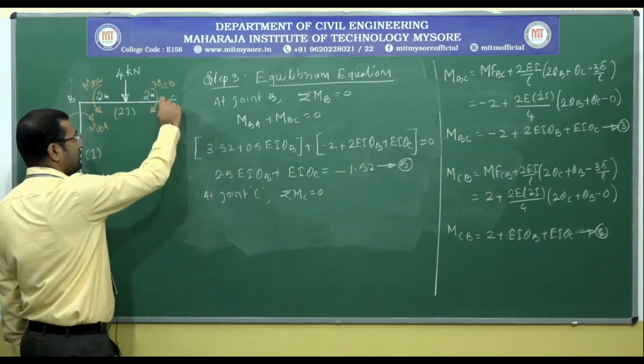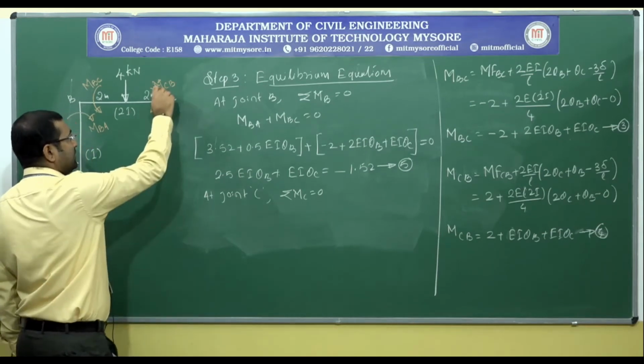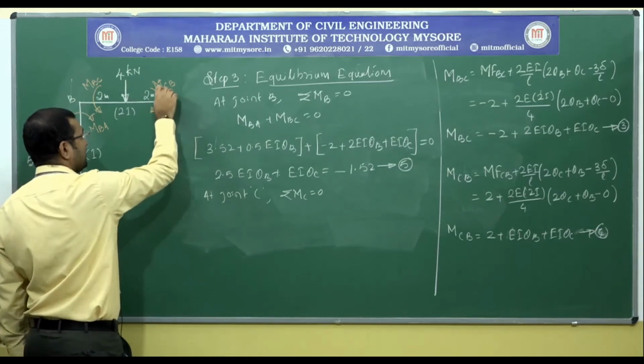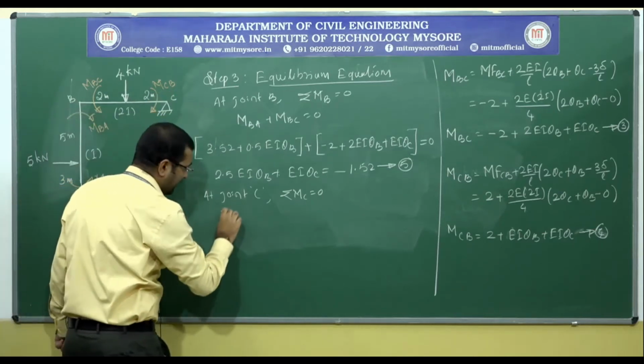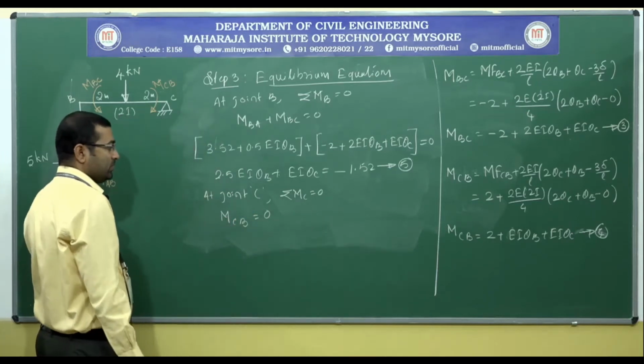Now, if you observe joint C, at joint C we have only one member, that is MCB. So, if I take the sum of moments here, this itself has to equal 0, that is, MCB should be equal to 0.